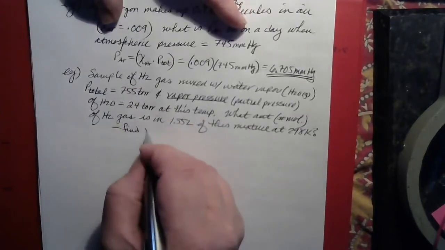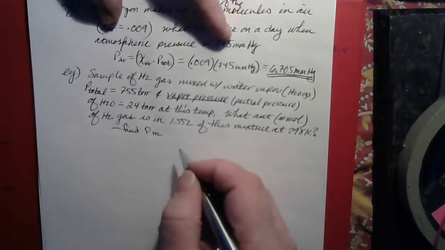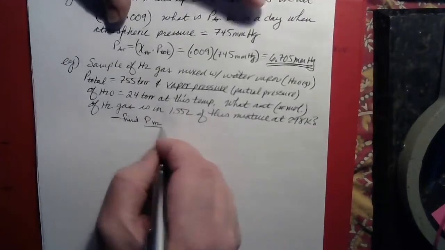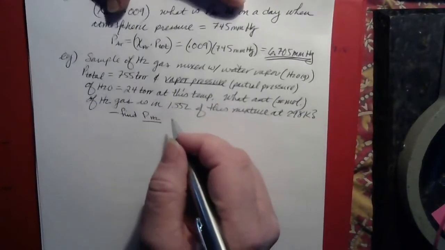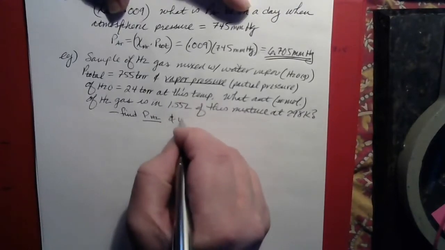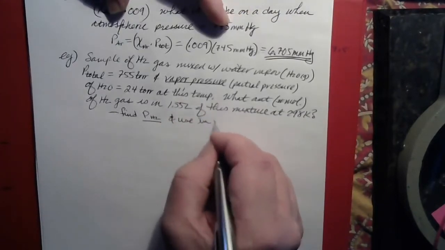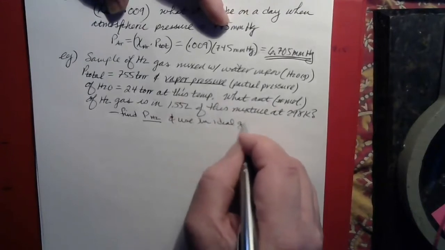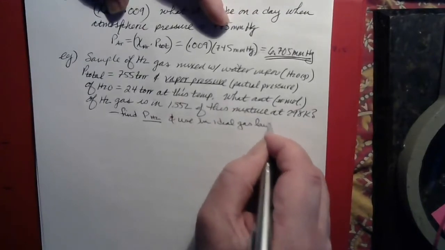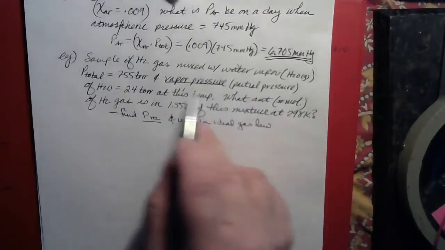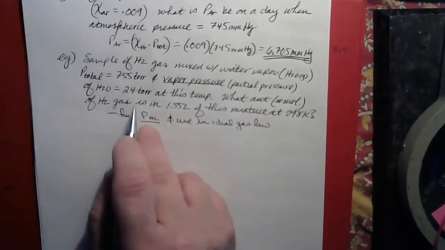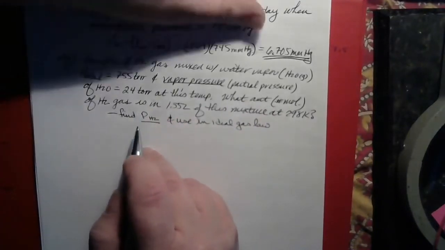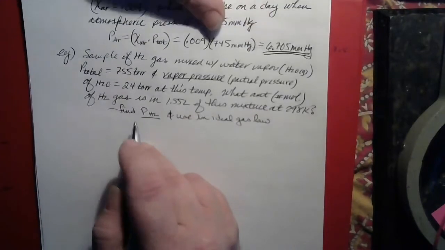So the first thing you want to do is find the pressure of hydrogen alone and use that in the ideal gas law. Because the total pressure is the pressure of the hydrogen and the water vapor. So essentially you have to subtract out the water vapor.